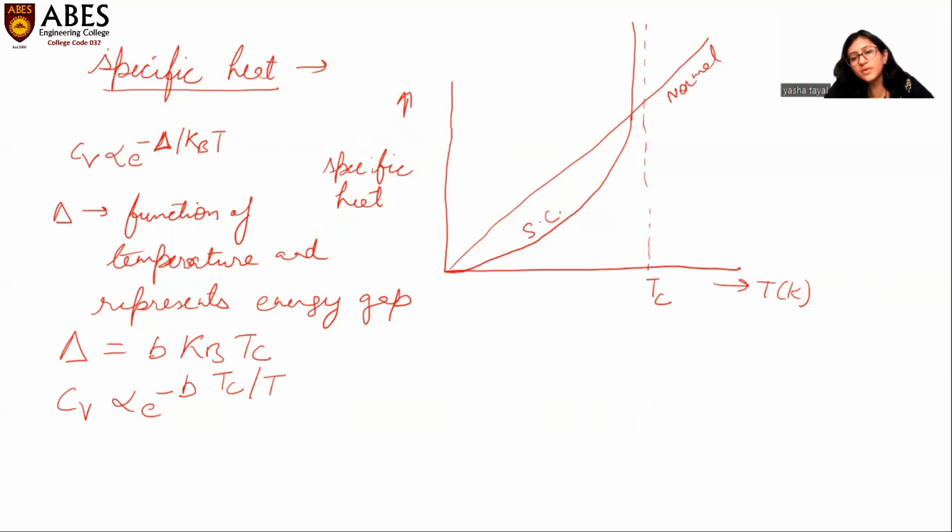Now this delta depends upon critical temperature, which means it is a specimen-dependent function. Delta tells about the gap between normal electrons and super electrons, which constitutes the energy gap. Specific heat is the amount of energy needed to raise the temperature by 1 Kelvin. Definitely for a superconductor, this value will be very, very low.